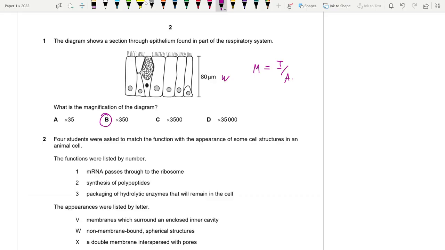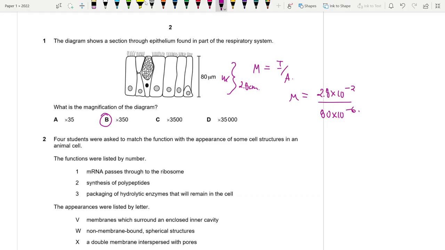If you have it printed, this length over here should be equal to 2.8 centimeters. So this is the working. M is equal to image length, 2.8 into 10 to the power minus 2 meters, divided by 80 micrometers, which is 10 to the power minus 6 meters.